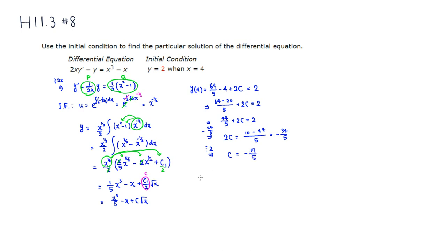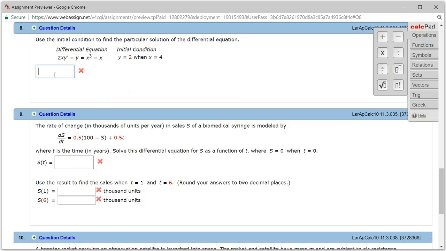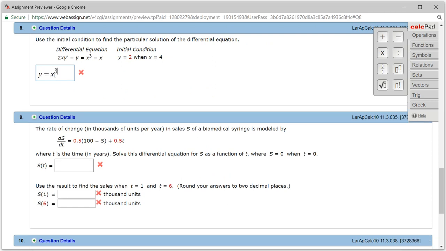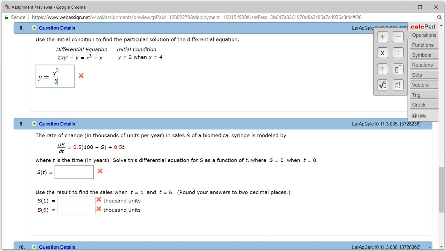Therefore, we have y is equal to x cubed over 5 minus x minus 17 over 5 square root of x.